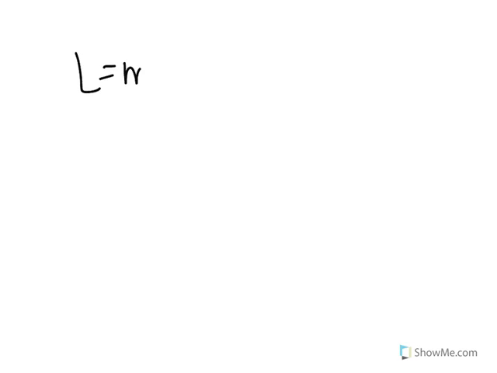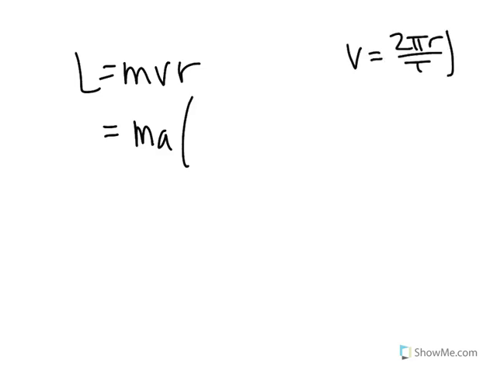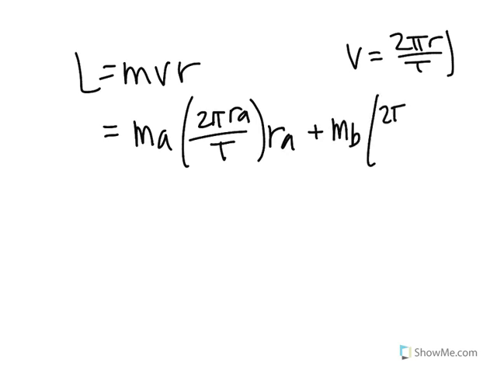For each star, since we know that v is equal to 2 pi r over T, we have MA multiplied by 2 pi RA over T multiplied by RA, plus MB multiplied by 2 pi RB over T multiplied by RB.